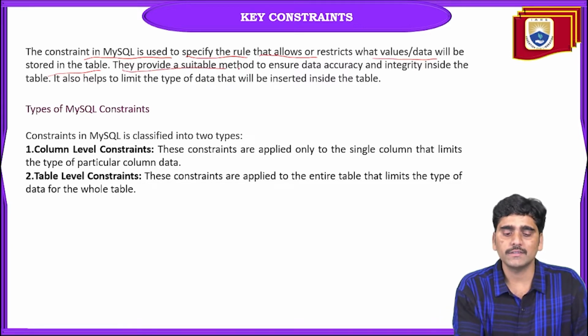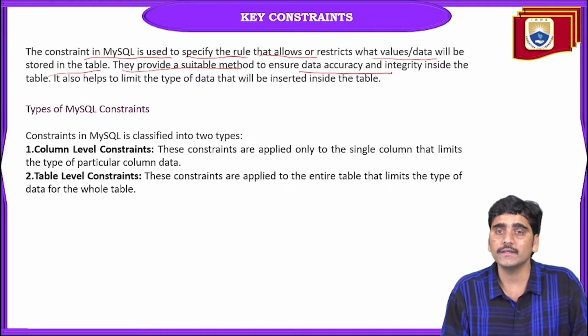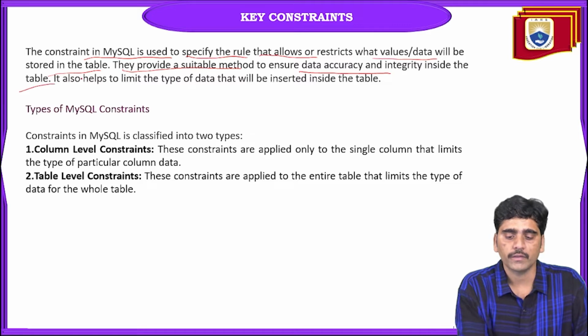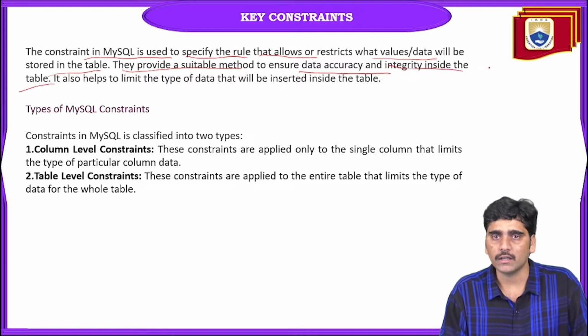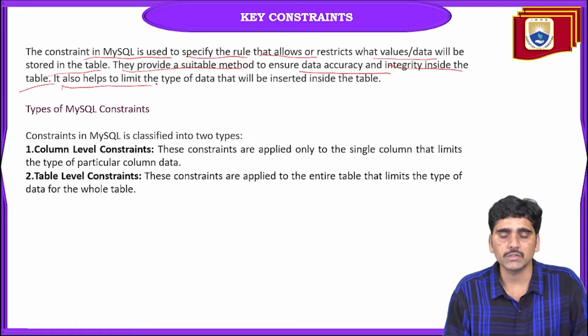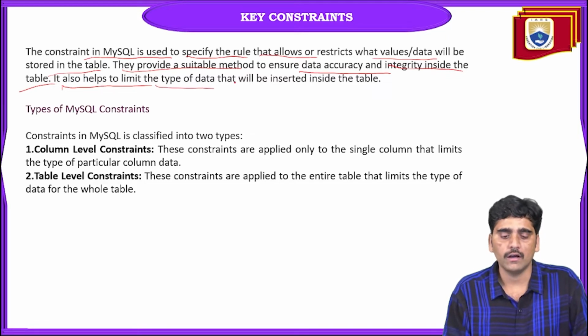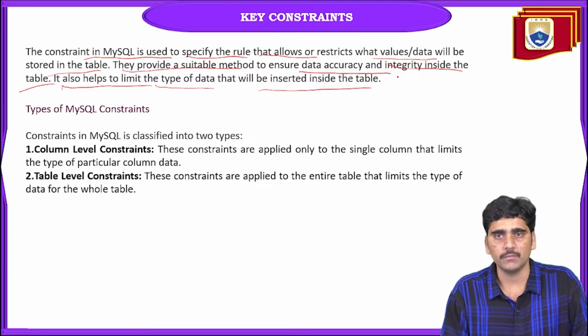These constraints or conditions provide a suitable method to ensure data accuracy and integrity inside the table. So to maintain that data accuracy and the integrity of the data, we are going to apply the constraints. It also helps to limit the type of data that will be inserted inside the table.